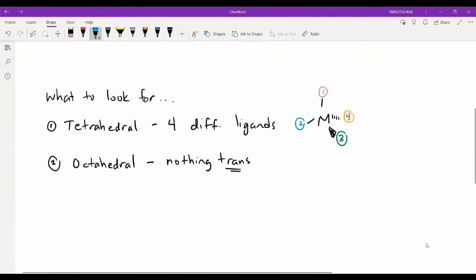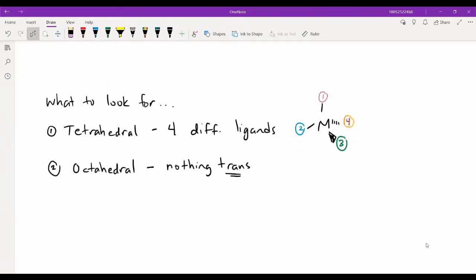What to look for? Generally with coordination compounds, you only have this property for two geometries. One is tetrahedral, in which case you definitely have to have 4 different ligands. It's very specific. You've probably seen pictures in lecture and in the book. If you have a metal with 4 different ligands, its mirror image will be different.